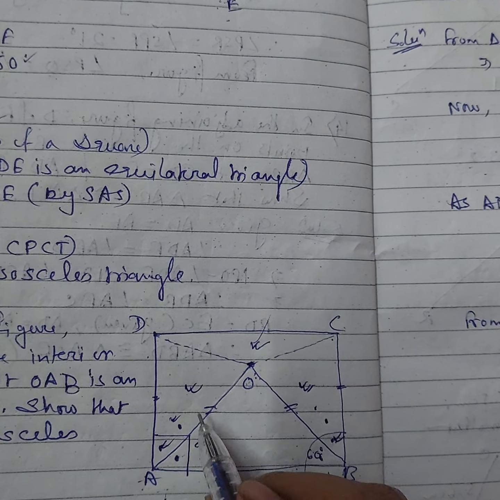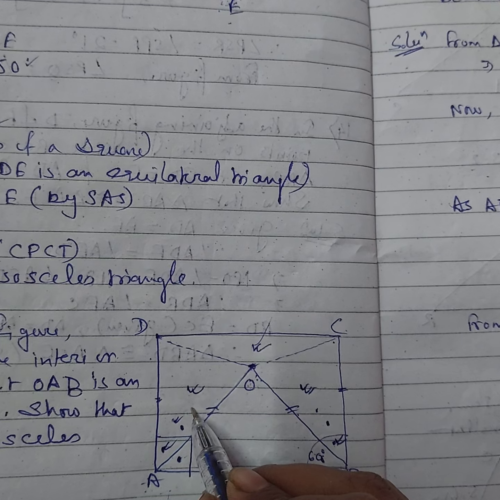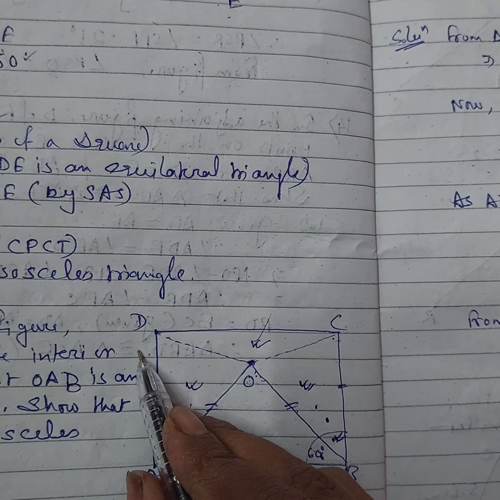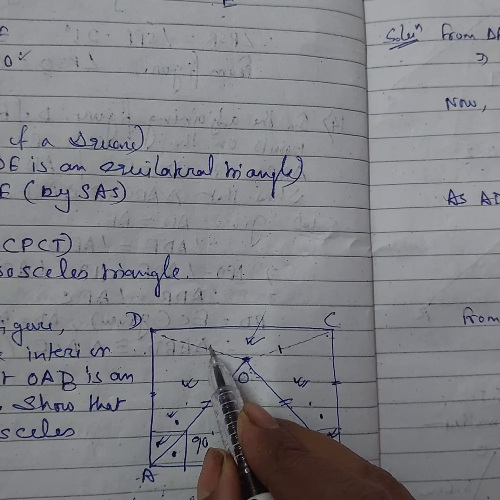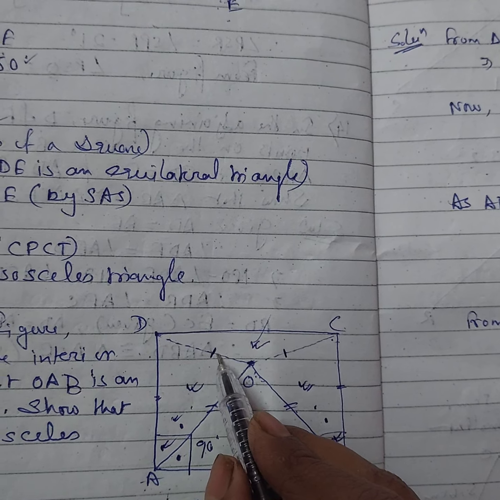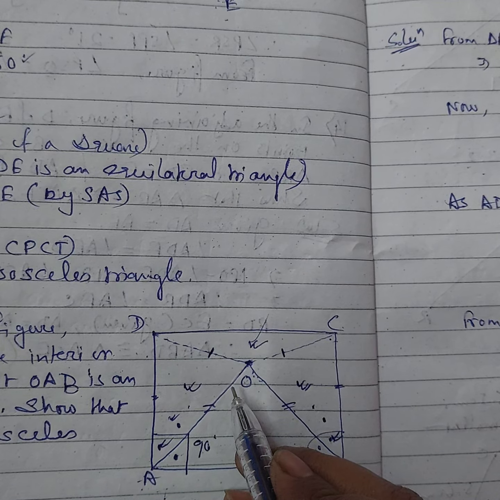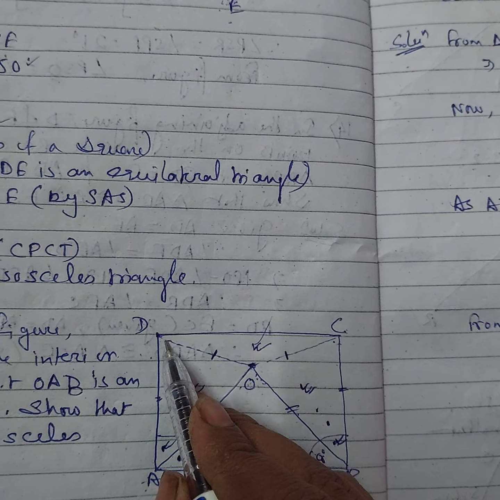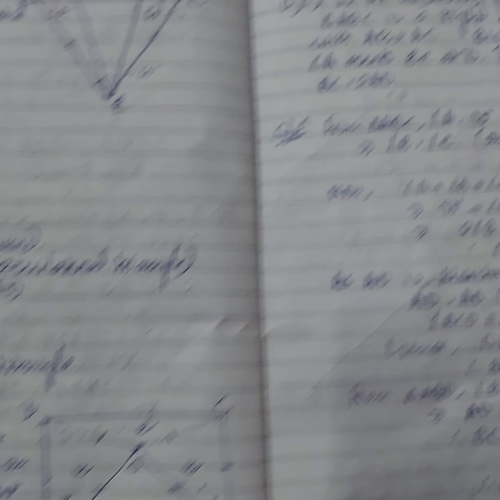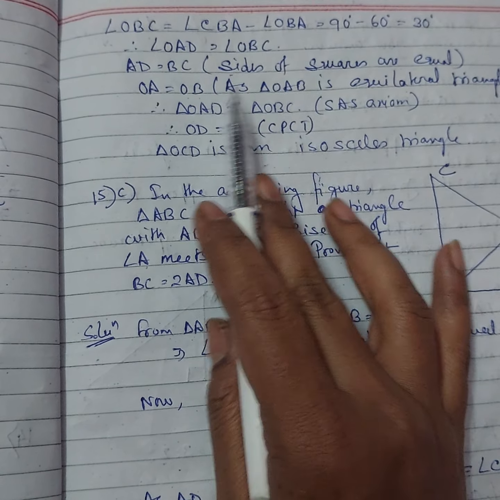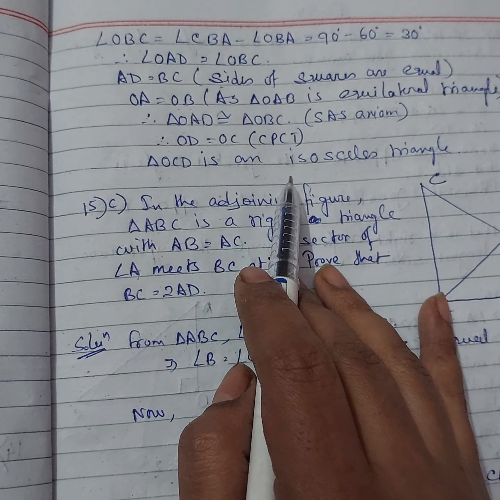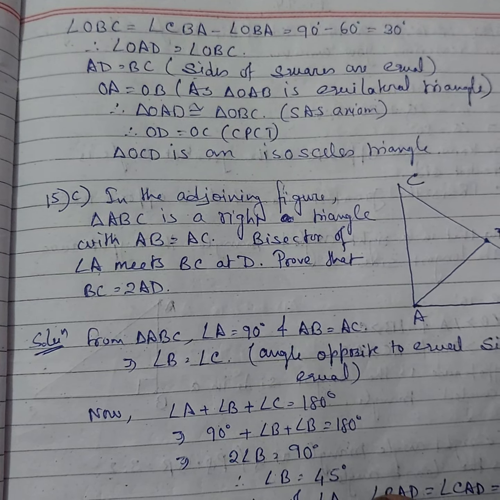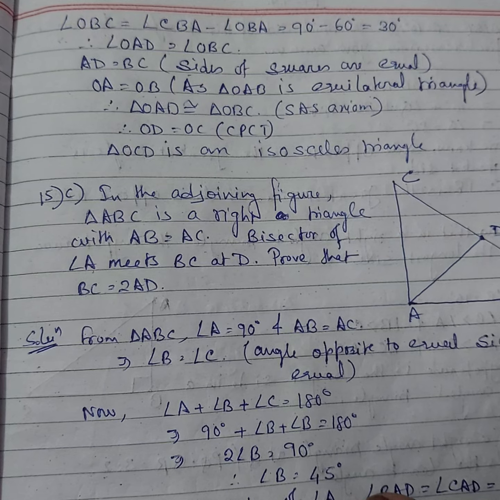Since both triangles are congruent, we can easily conclude that OC is equal to OD. Since OC and OD are equal, again we can conclude that triangle OCD is an isosceles triangle. Okay, it is very easy. Hope you can understand. All the conditions have been written over here and done. Let's see once. Hope you can understand.